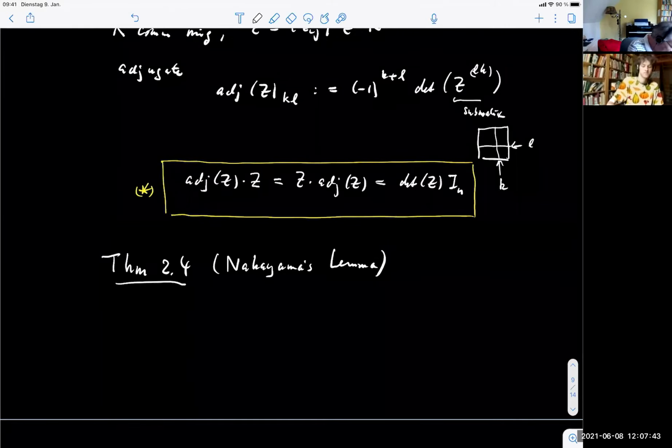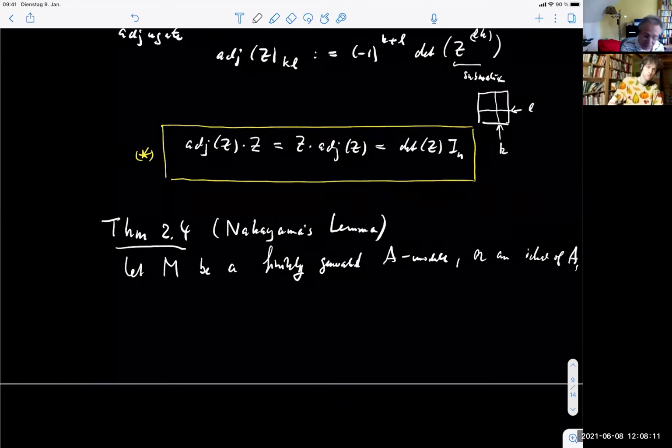So I have a finitely generated A-module M. The A, as usual, is our commutative ring. Then I have an ideal I of the ring.